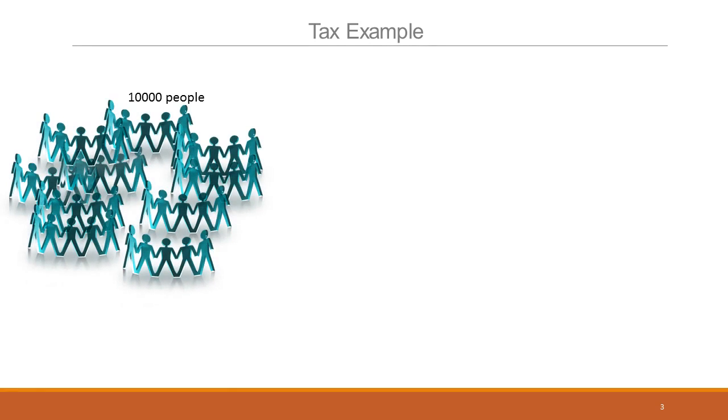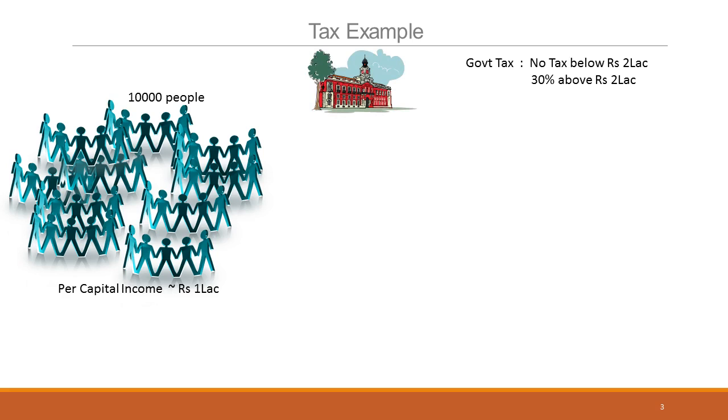Let's assume that the city has 10,000 people, and the per capita income of the city is about rupees 1 lakh. That is, each person earns about 1 lakh rupees. To govern these 10,000 people, the government has a tax rule which says that below 2 lakhs they will not tax anybody, but people earning above 2 lakhs pay 30% of the income as tax.